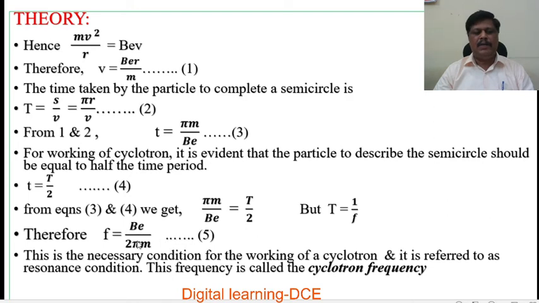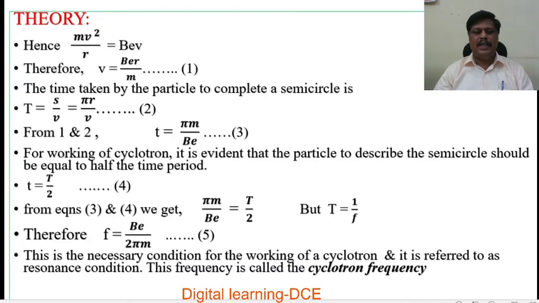And this is a very important equation. This is the necessary condition for the working of a cyclotron, and it is referred to as the resonance condition. This frequency is called the cyclotron frequency. So F is equal to Be by 2 pi m is called the cyclotron frequency, and that condition is called the resonance condition, the necessary condition for the working of a cyclotron.